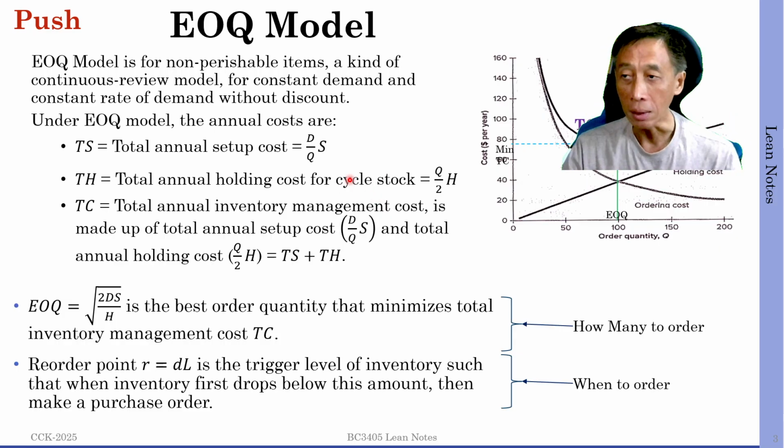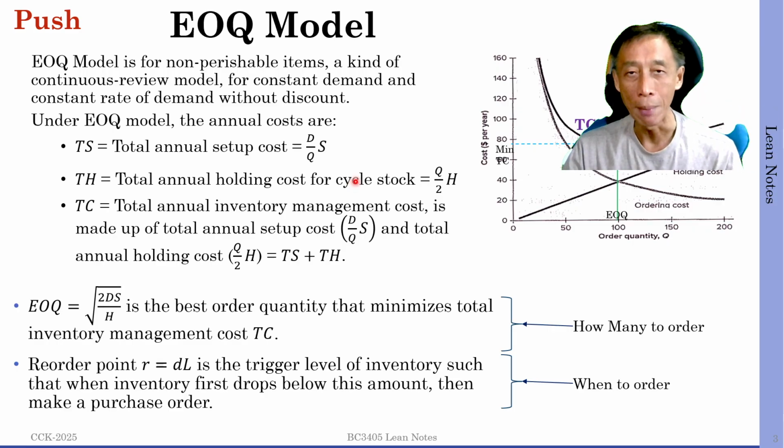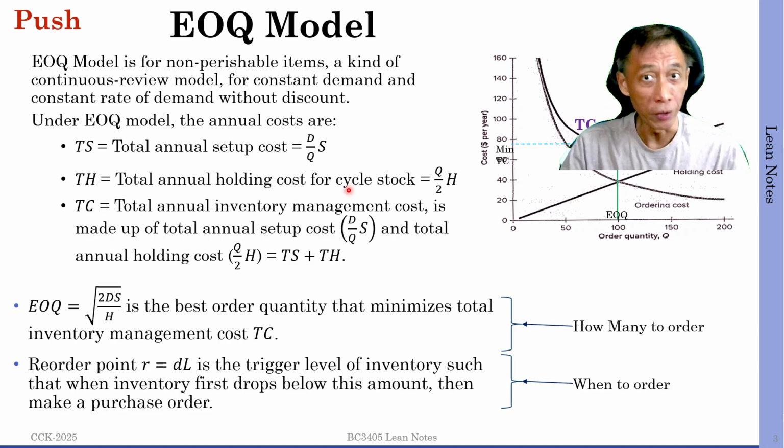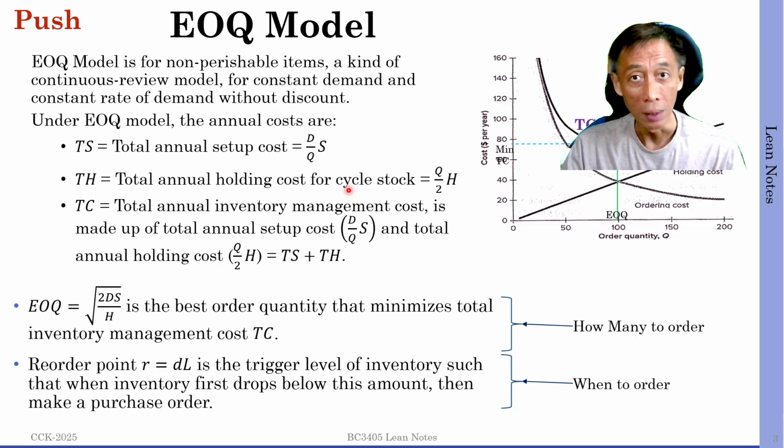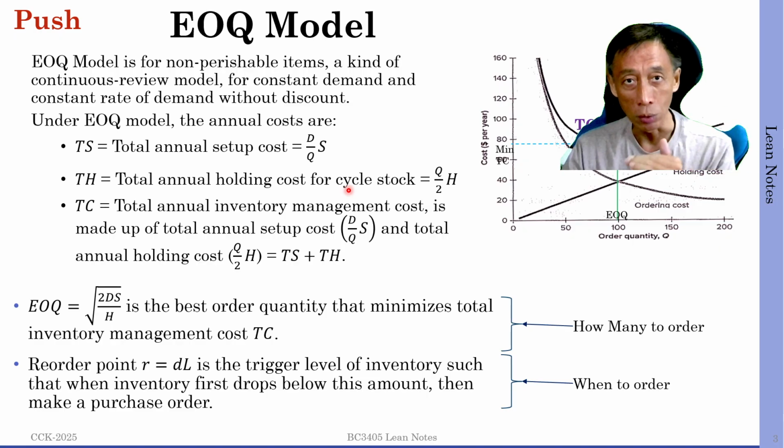Cycle stock, we mean for it to be sold. For example, we think the average demand is 5,000 per year. We will, throughout the whole year, buy 5,000. Correct? But that's the average. The demand may be 100 tires more or 500 tires less. But when we buy the 5,000 tires, that's to meet the average demand.